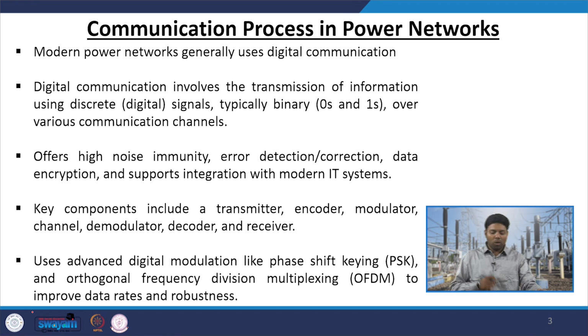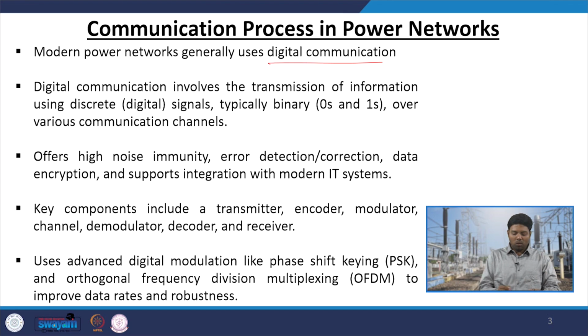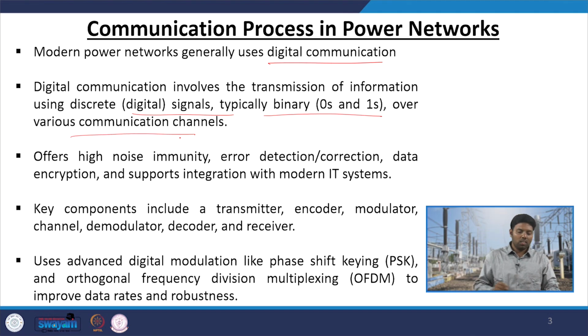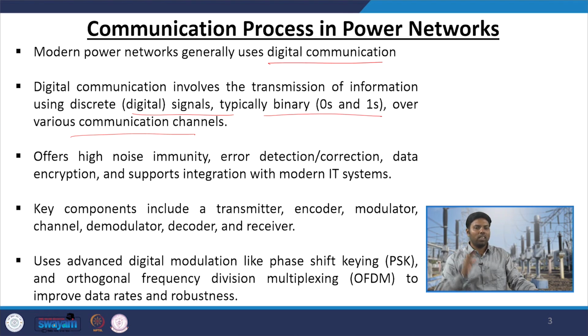So, communication process in power networks is generally done by digital communication, that is the main communication technology followed. What it does is change any kind of analog signal to a digital signal, typically a 0 and 1, over various communication channels. That means any analog signal is digitized and then sent to the receiver end.